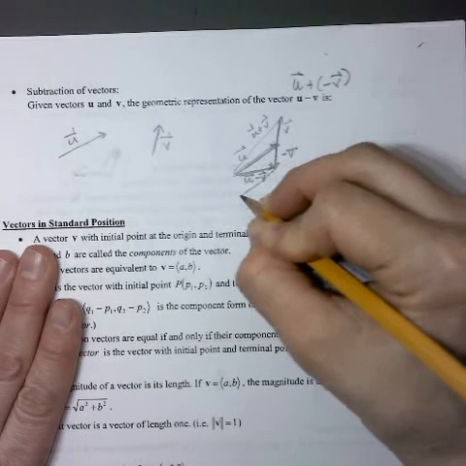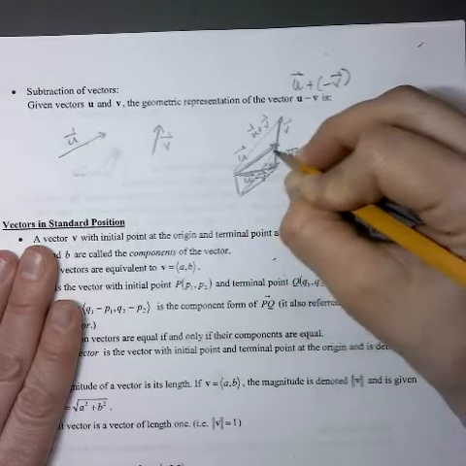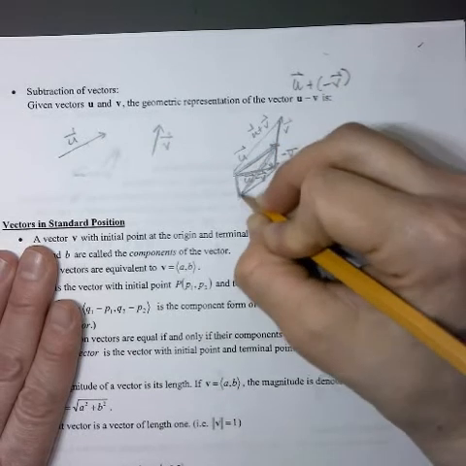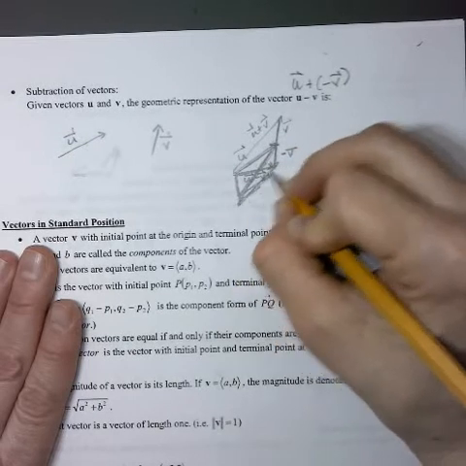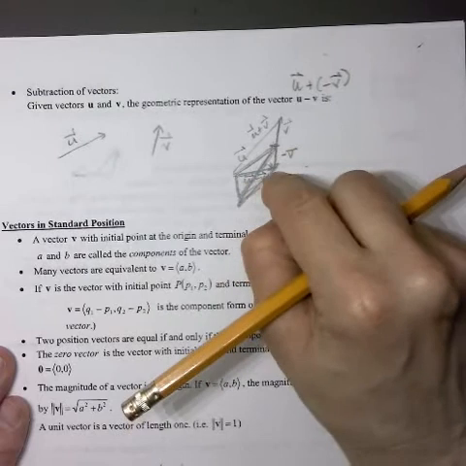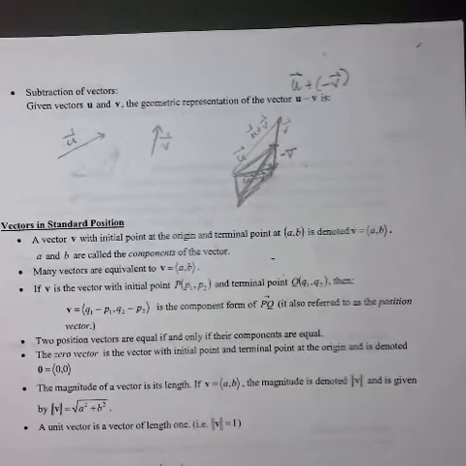Let's do it this way. And then see this other diagonal here is the same as u plus v. That probably looks a little better. And then one diagonal, the shorter diagonal, is the difference, and the longer one is the sum. Okay.